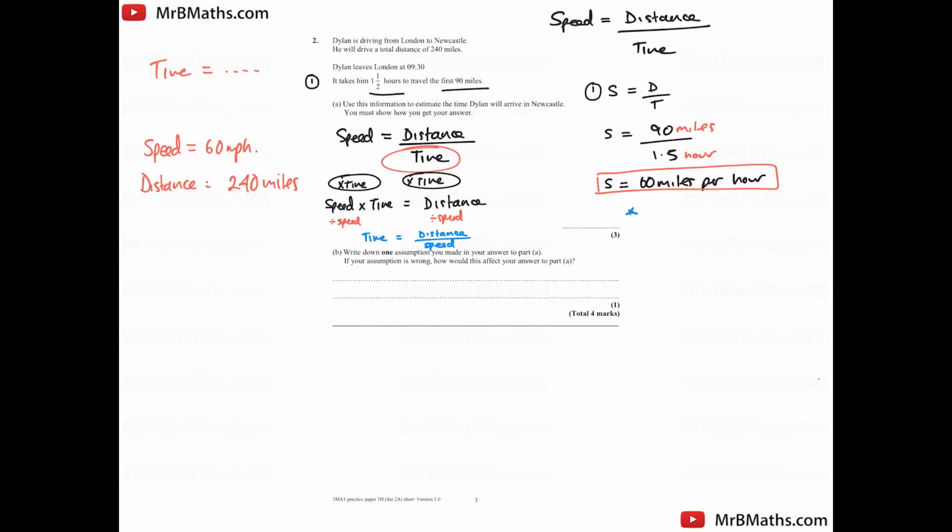Okay, so from that we can write just here, time equals, we got a distance of 240 miles, divided by 60, and that will give us a time of 4 hours.